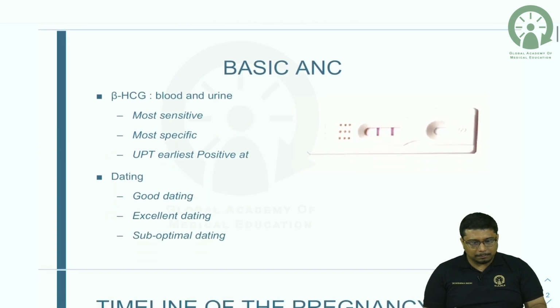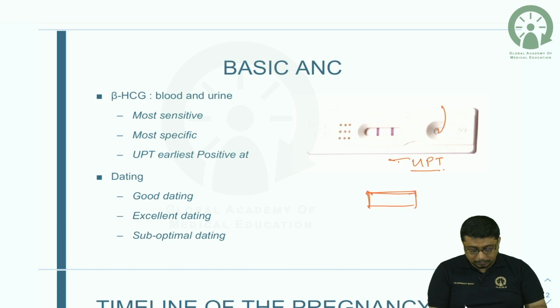Okay, so we will be starting obstetrics from basic antenatal care, when a lady comes to you with a positive UPT test. This is basically the card. You can see this is a UPT card, and in this well the first morning urine is put. There is a control and a test. If there is only one line on the control and no line on the test, then it is negative.